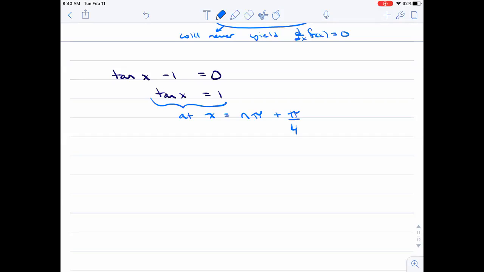You can use Desmos or whatever. Tan has a period of pi, right? So where n is an integer, and tan x equals 1. The first point tan x equals 1 is pi over 4. And then because we've got that period of pi, at every n pi, that's going to repeat itself.